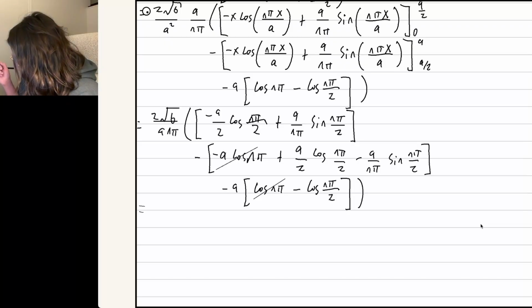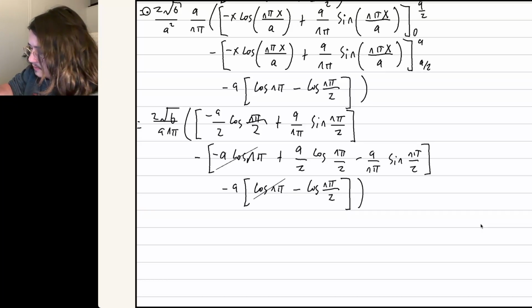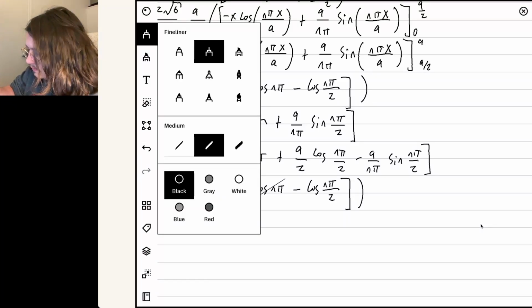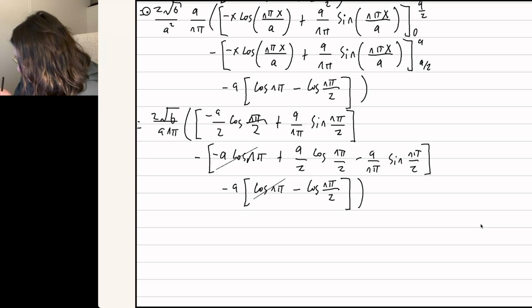All these have a factor of a onto it, so we'll go ahead and move that out into the prefactor and cancel out the a on the denominator of it. And they all also, I think, no, they don't all have factors of n pi, so don't even worry about that. It's going to be 2 root 6 over n pi.